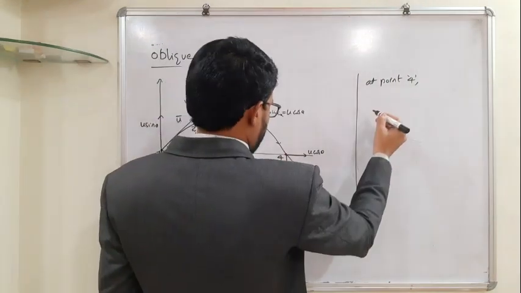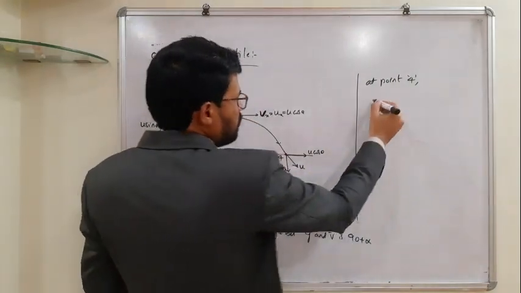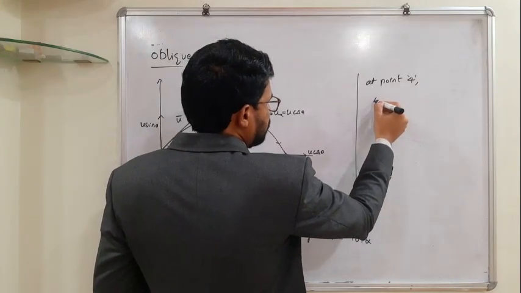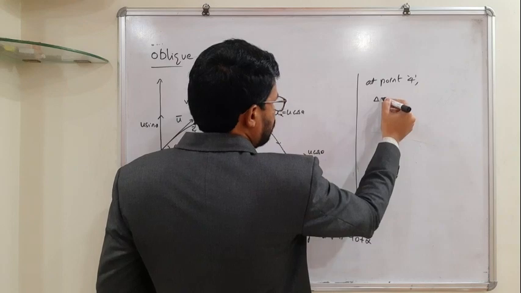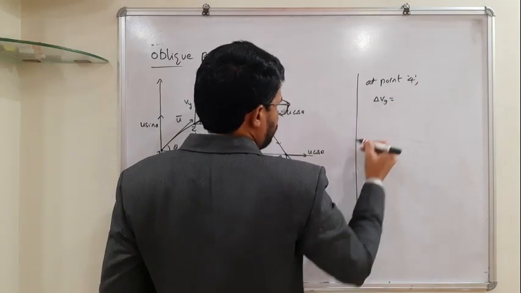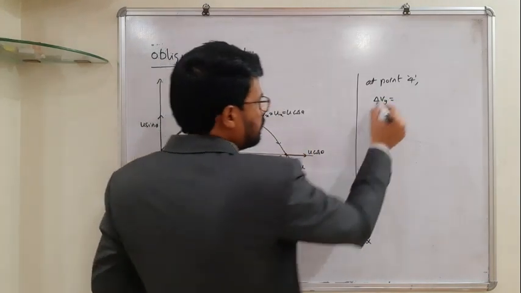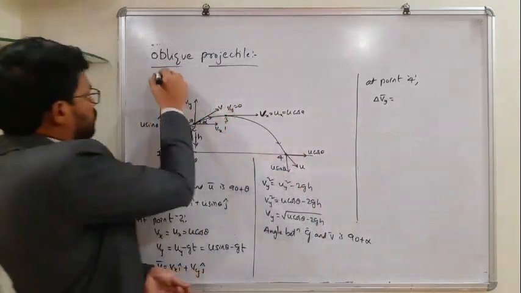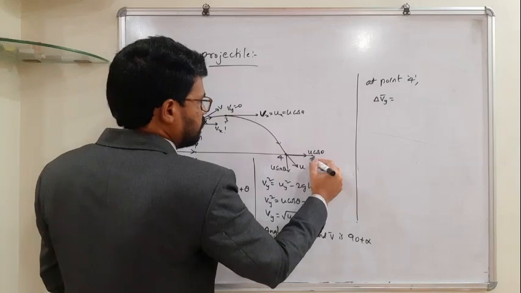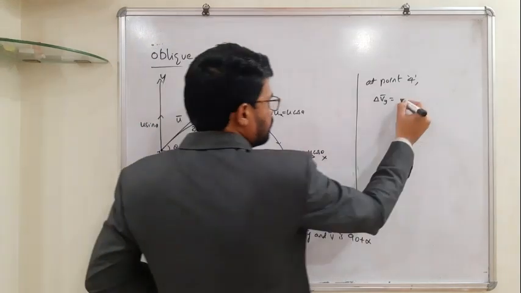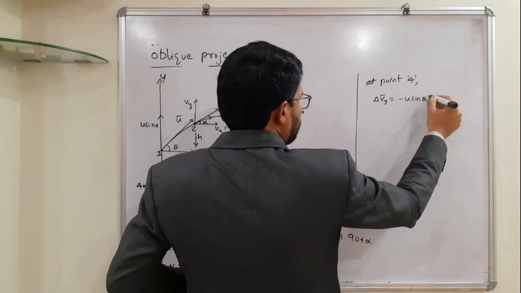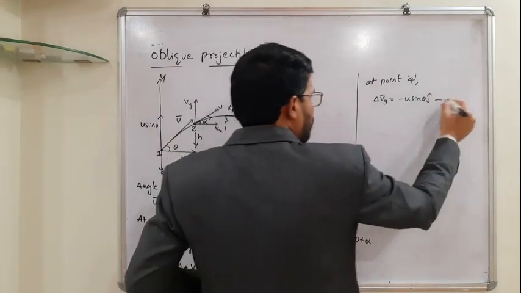At point 4, the change in vertical component of velocity, delta vy, is equal to, since it is in the downward direction, taking it as the negative y-axis, this is the y-axis, this is the x-axis, so minus u sin theta j cap minus the initial velocity.